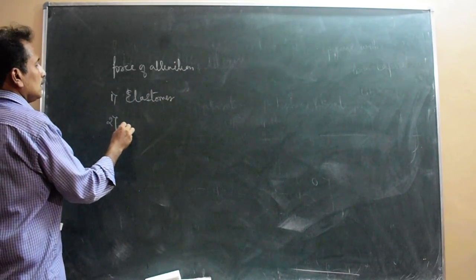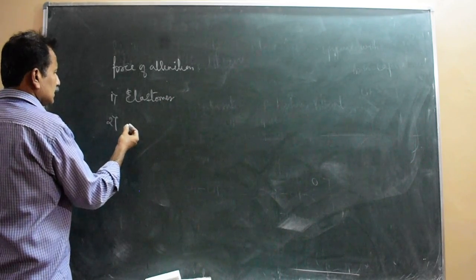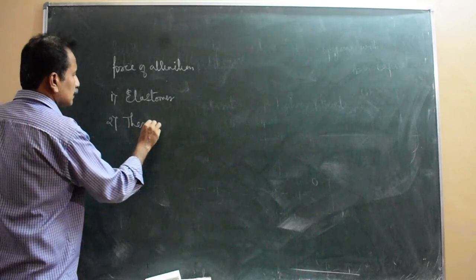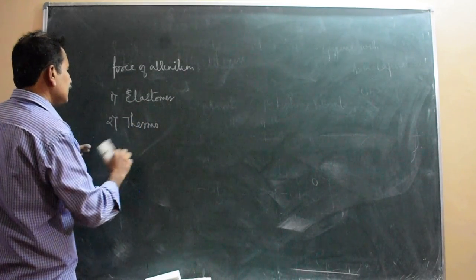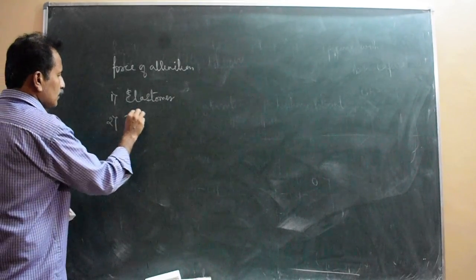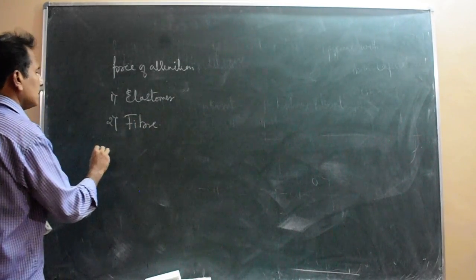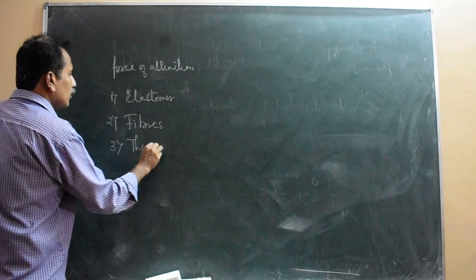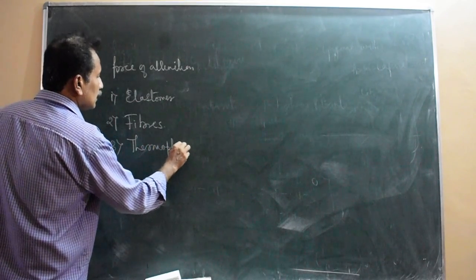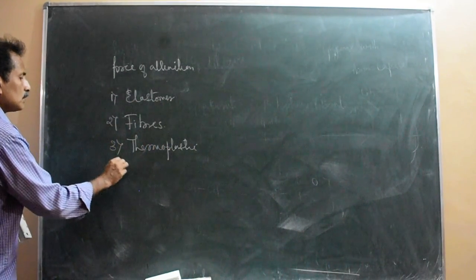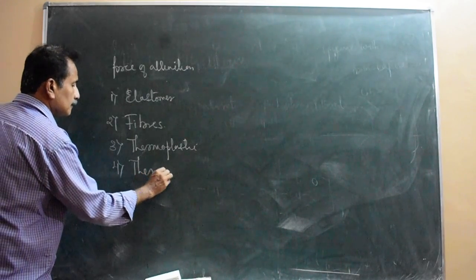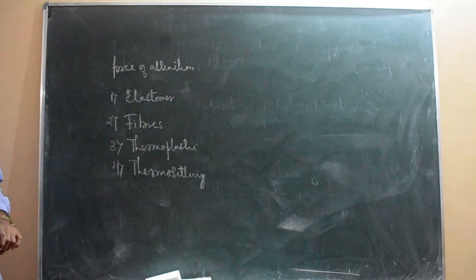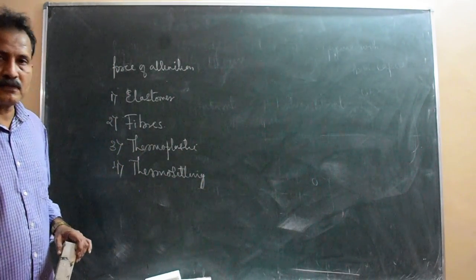Second one was fiber. Sorry, fibers they were called. Third was thermoplastic polymer, and the fourth was thermosetting polymer. So like this we saw four types of classification.